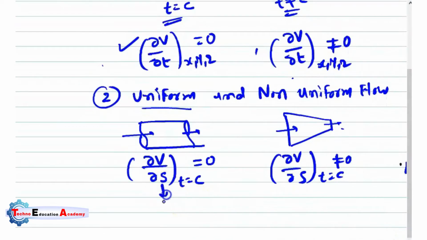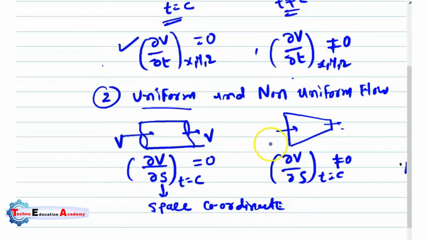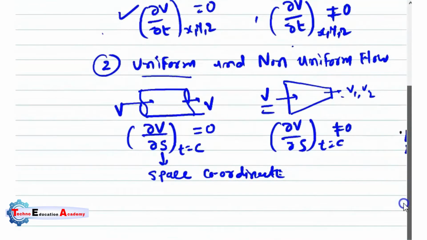Here s is nothing but the space coordinate. It means in uniform flow the velocity is v everywhere, but in non-uniform flow it is v1, v2, v3, more or less than v, not the same.